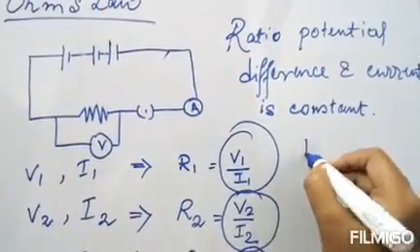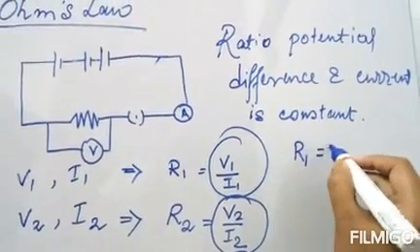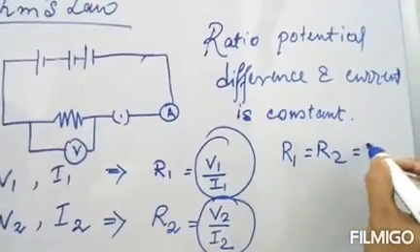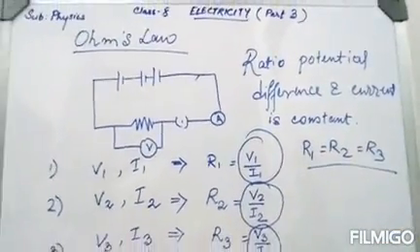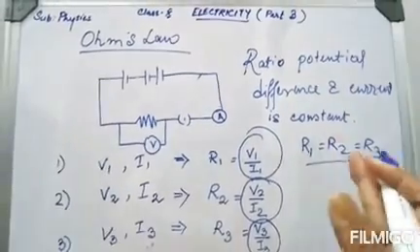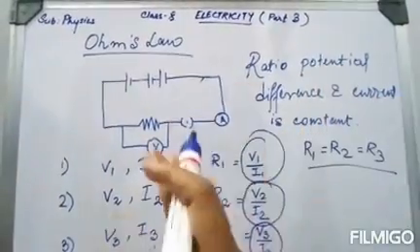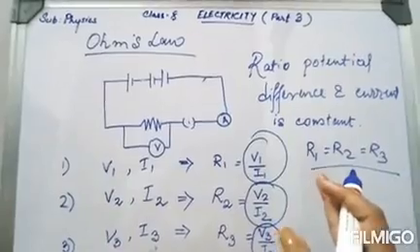So which means what? We can say R1 is equal to R2 is equal to R3. Okay, so this is what is Ohm's law, and this is the experimental way of deriving Ohm's law.